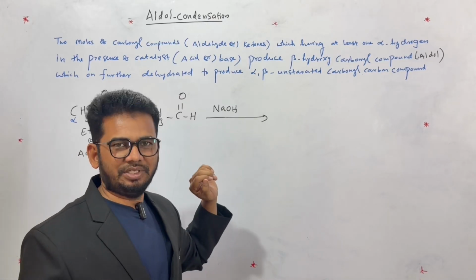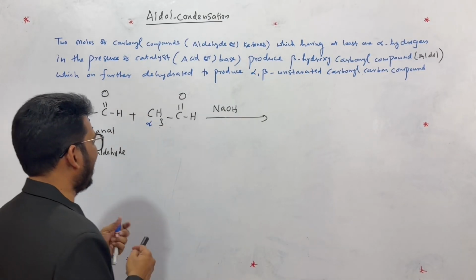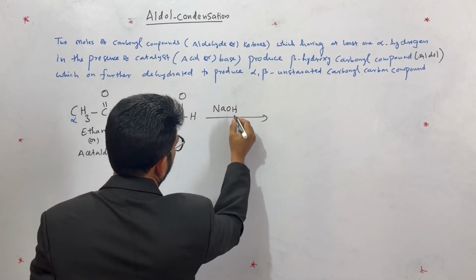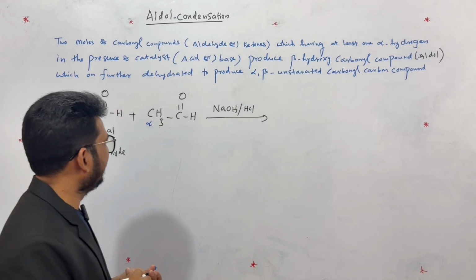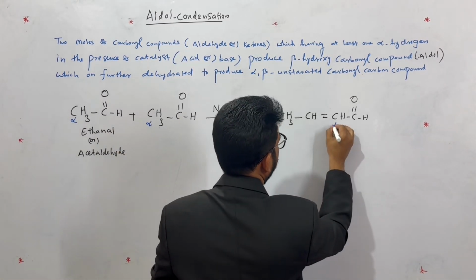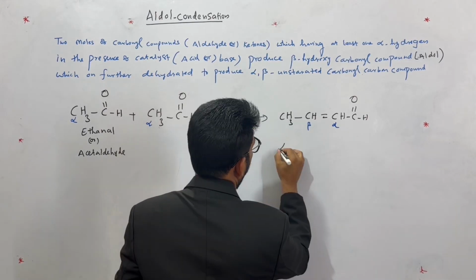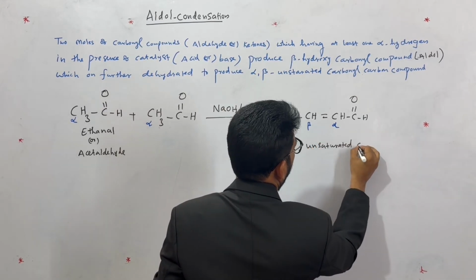We are not using acid much, but remember that in the presence of acid or base, you can use any acid, and it produces the alpha, beta unsaturated aldehyde. This is the alpha, this is the beta.